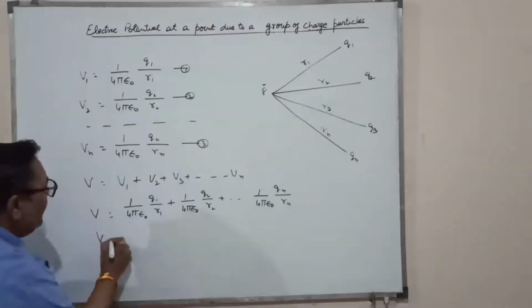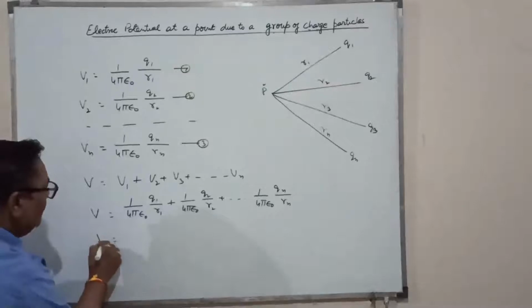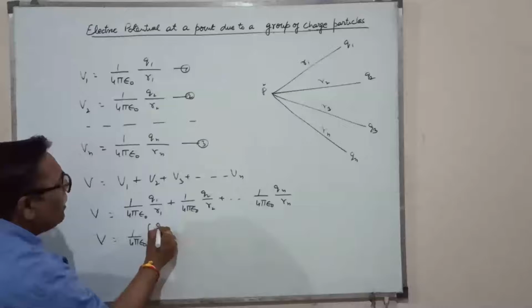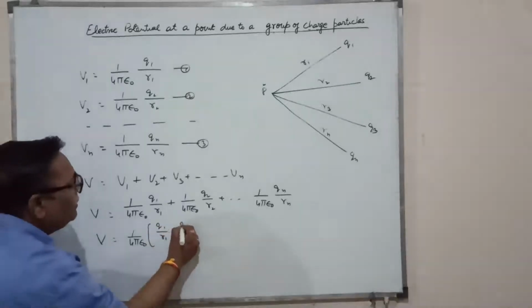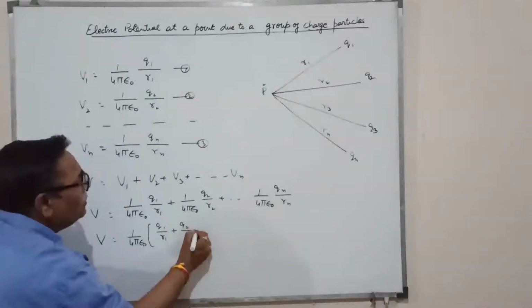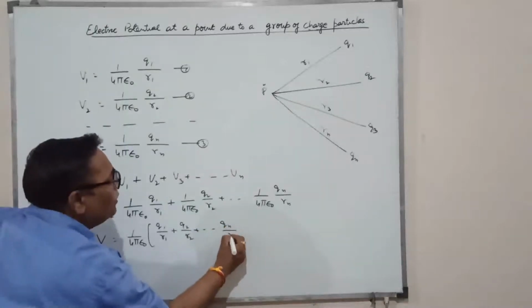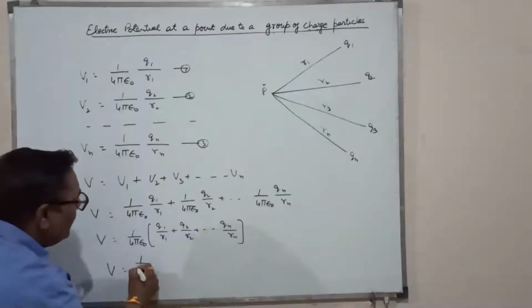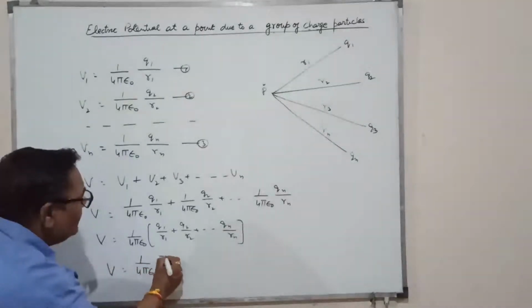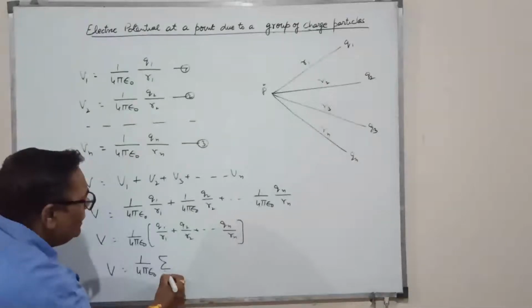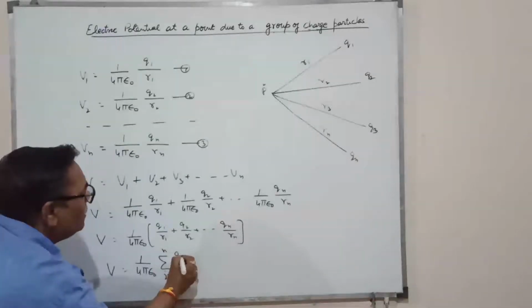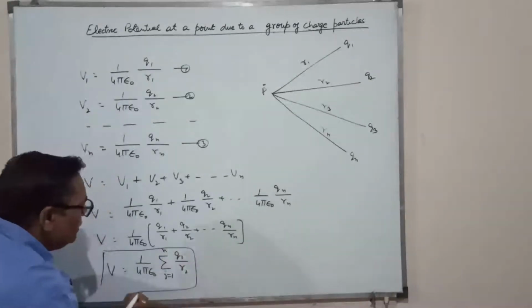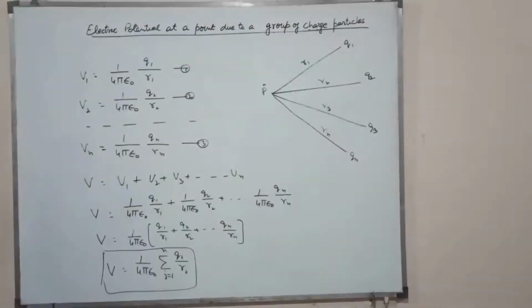Or V is equal to 1/4 pi epsilon 0 times Q1 upon R1 plus Q2 upon R2 up to Qn upon Rn. Or V is equal to 1/4 pi epsilon 0 times the sum from i equal to 1 to n of Qi upon Ri. This is the expression for potential for n particles.